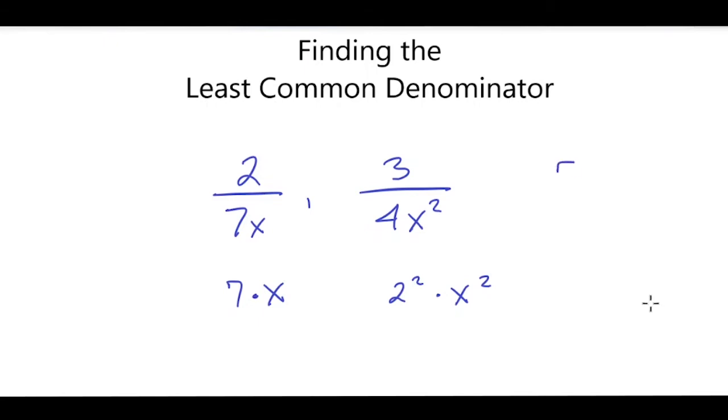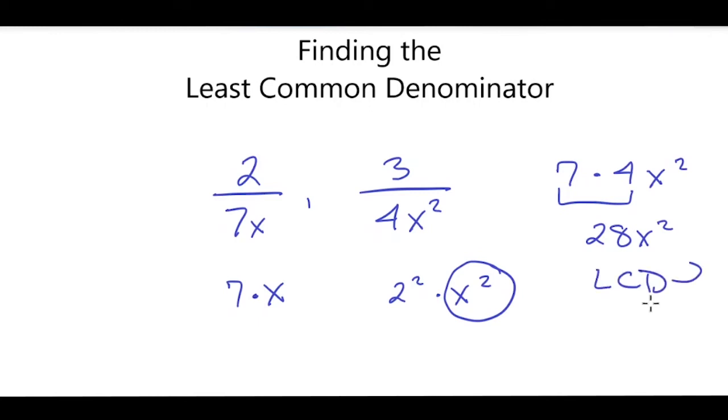Alright, so I'll have 7 times 2 to the second power, which is 4. And now, as far as x's go, the highest power of x is 2, so I will have x to the second power. Now I can simplify this 7 and this 4 by multiplying them, and I'll get 28x squared. So my LCD is 28x squared.